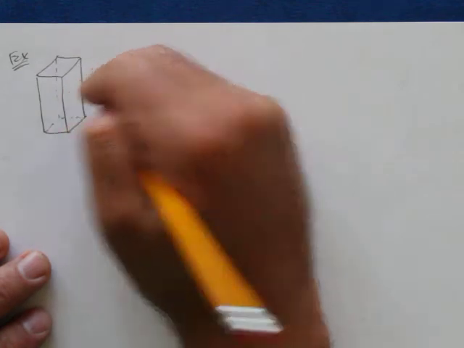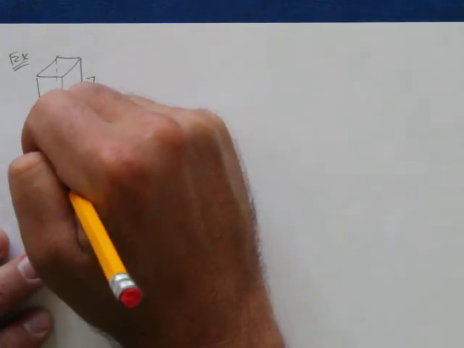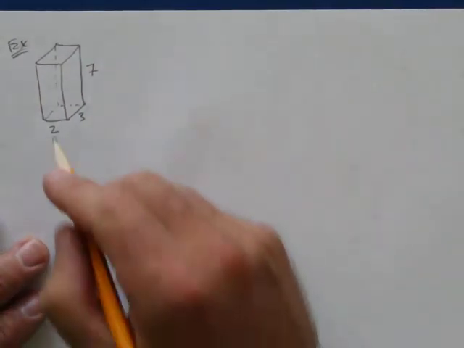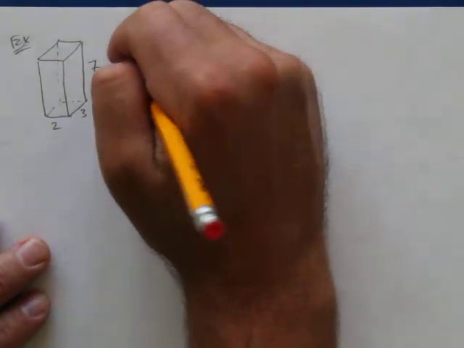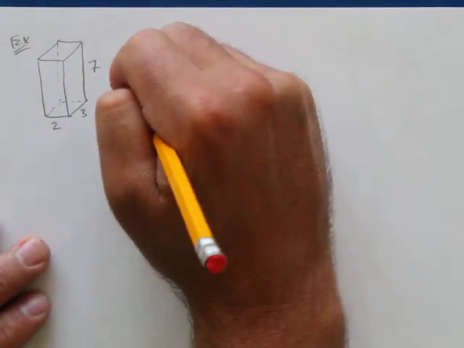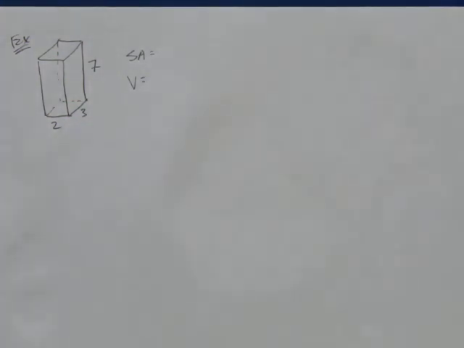My height of this prism is 7, and the length and width are 2 and 3. I want to know what the surface area is, and I want to know what the volume is. So I'd like you to go ahead and try this, and then I'll do it together with you in just a second. So go ahead and pause.